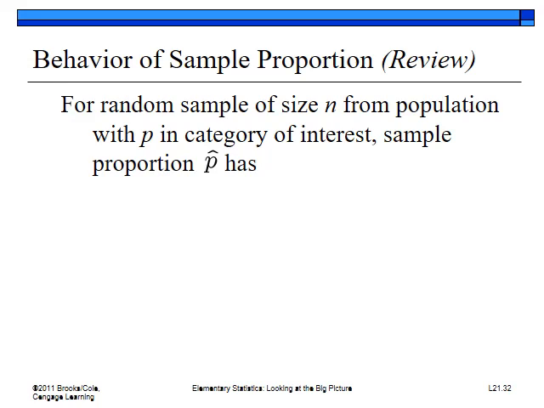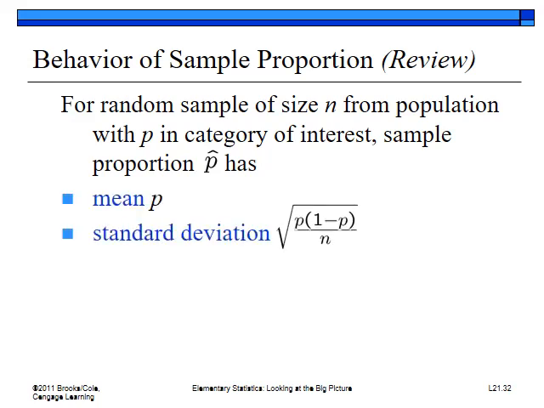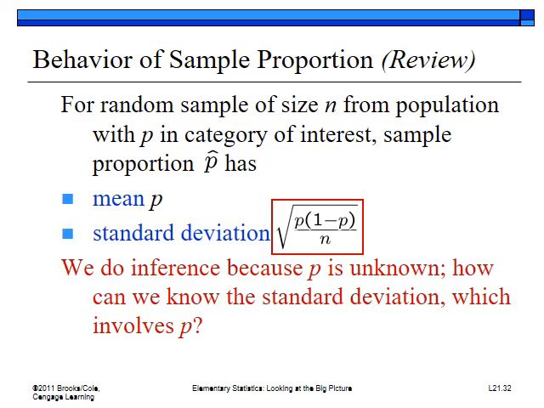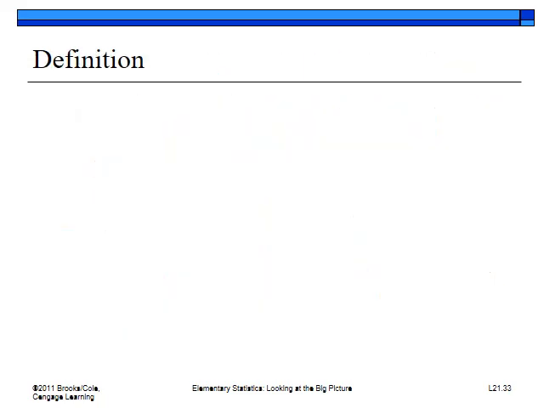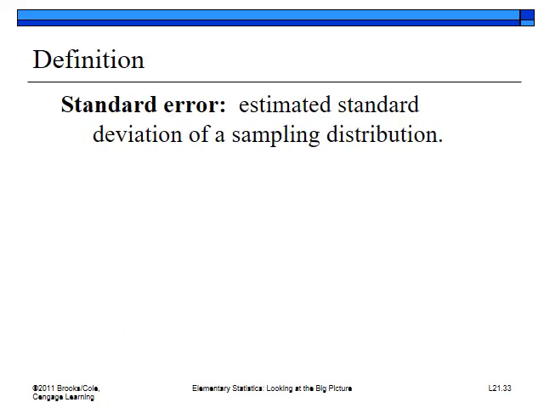Well, remember, if we know what P is, the sample proportion will be centered at P. We'll have standard deviation square root of P times 1 minus P over N. Now, in this case, we're doing inference because we don't know what P is. And if we don't know what P is, that means we don't know what the standard deviation is. So we'll now define the standard error.